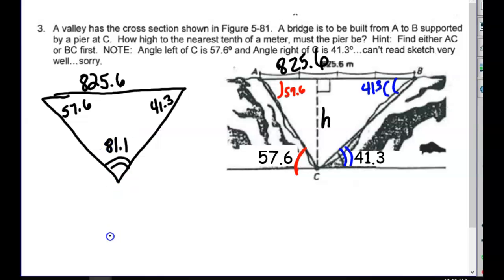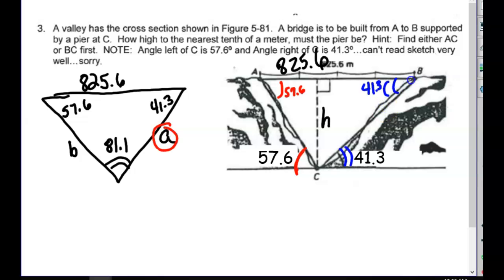Okay. Now what? It says we can either find A to C or B to C. Which one do you want to find? The little b or the little a? We need one of them. Which one? Little a. Okay.